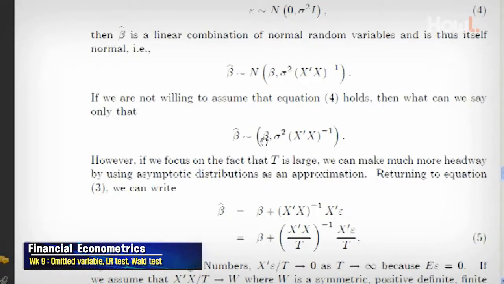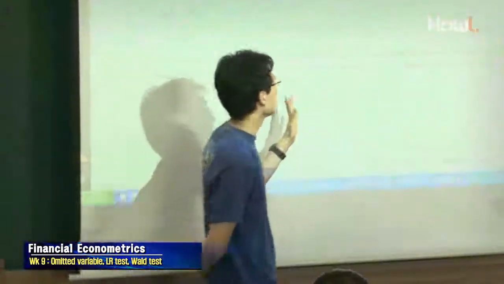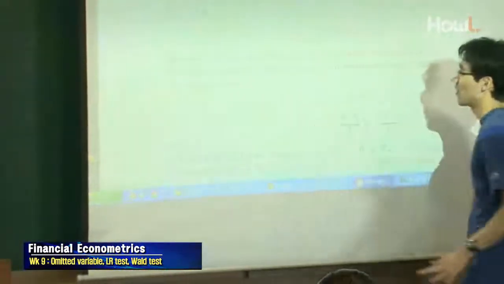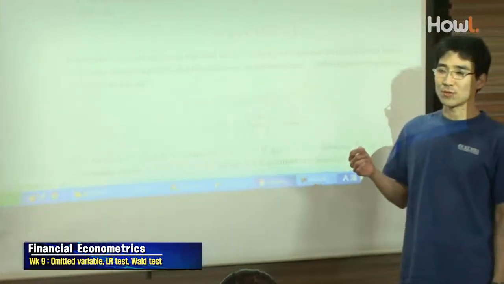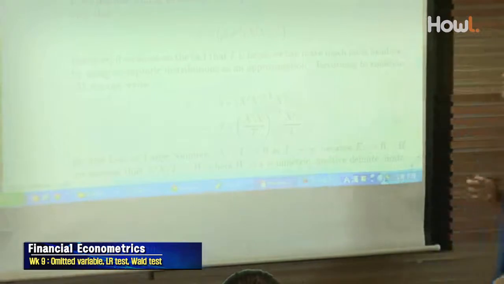But the point of this asymptotic section is that if we have enough data, even if we don't assume anything about this, beta hat will converge to a normal distribution. I will show why.